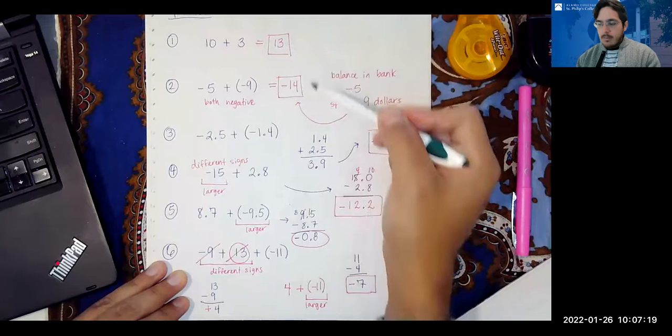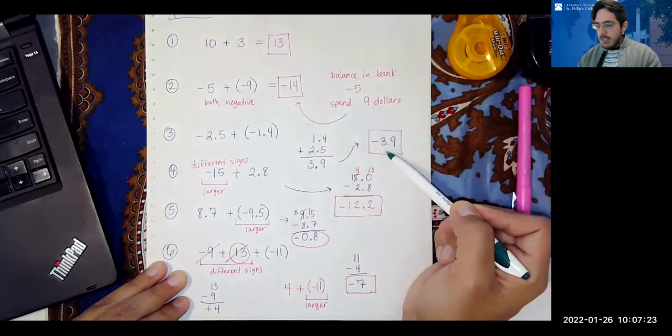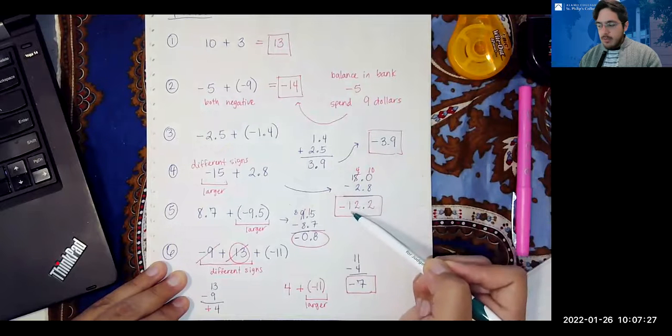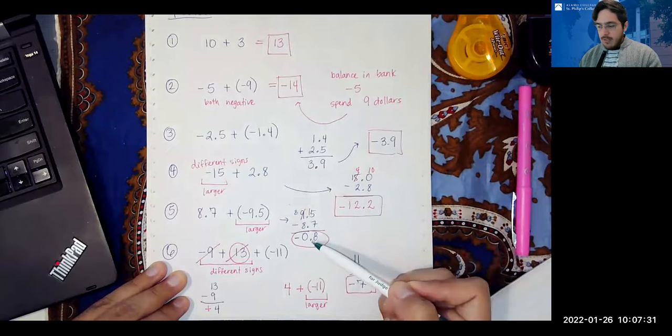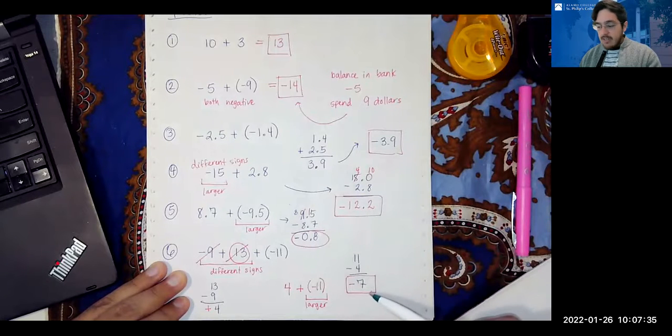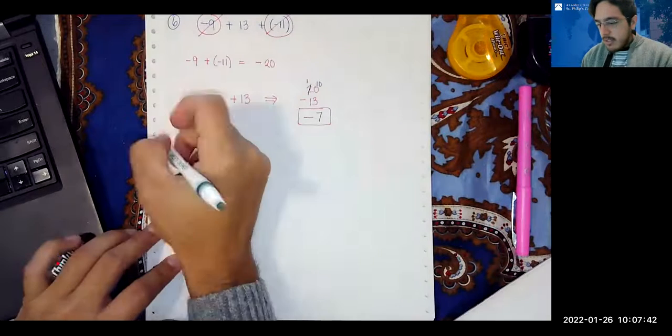Second one was -14. Third one was -3.9. The fourth one was -12.2. The fifth one was -0.8. -7 was the sixth one. Okay, cool. Got it. Thank you.